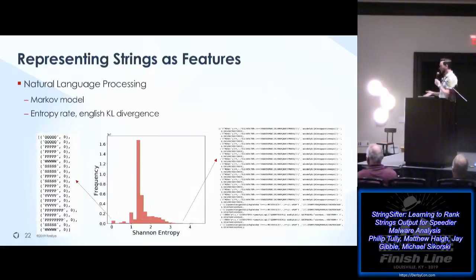And so this is like a memory-based model. There's another model that we can come up with that's based on entropy, and this is memoryless. And so here we're just trying to compute the actual randomness of the string using Shannon entropy, and this is like a very classic technique. And so if you do the same thing, you take a histogram of that and you plot that across a bunch of strings.